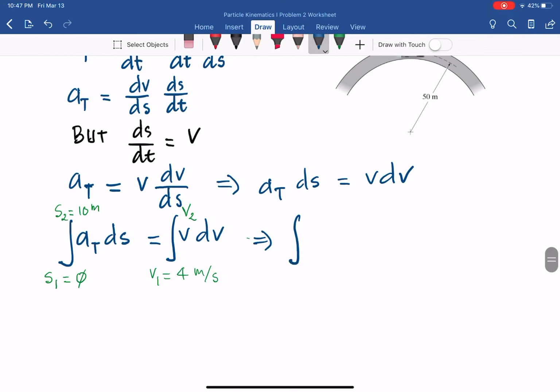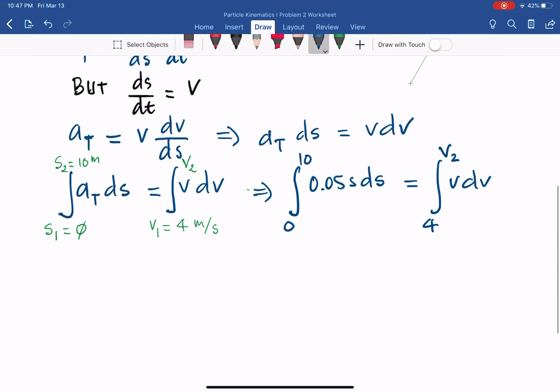So we can have that 0.05 s, and then we have the speed going from 4 to v2. The question we want to find out is v dv.